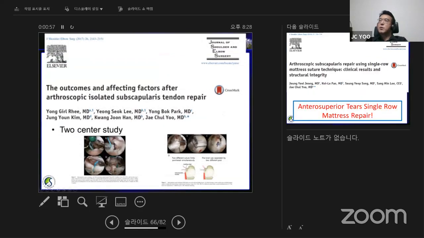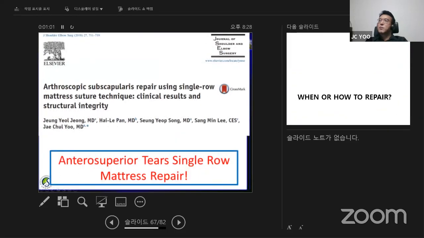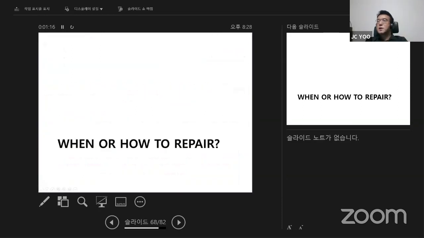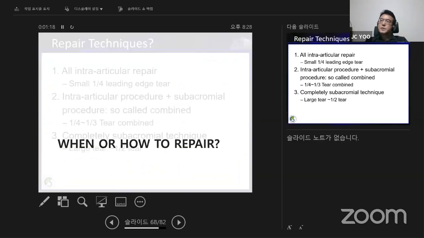We just had from Yonggol Lee our 2-center study, our results of isolated tears. We have our mattress repair technique, a single row mattress technique. I just modified this to do a double row technique now. I favor doing double row with supra and infra and subscap also, whenever it's possible.